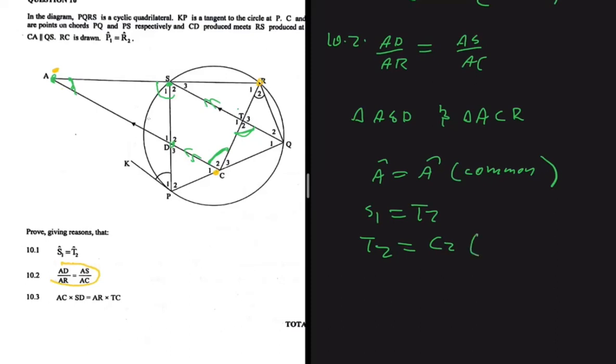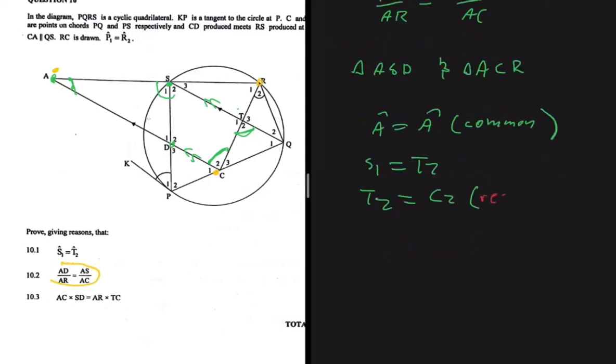We know that C2 is equal to T2, right? And then you're going to give that reason there. But you know what's going on. There's some reason why T2 is equal to C2. It's because of the parallel lines for sure, but there's a specific reason why we say those are true. So now, since we've proved that T2 is equal to C2, we can conclude that D1 should be equal to R1.